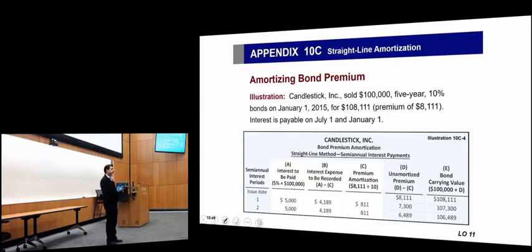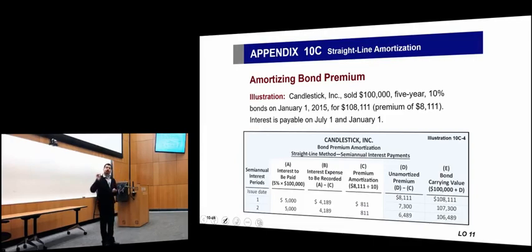It is the amount that will be paid minus the amortization of premium. Once again, we subtract the amortization of premium from the balance in the unamortized premium. That will give us a new unamortized premium. Okay? And this is the new unamortized premium that will be added to face value.